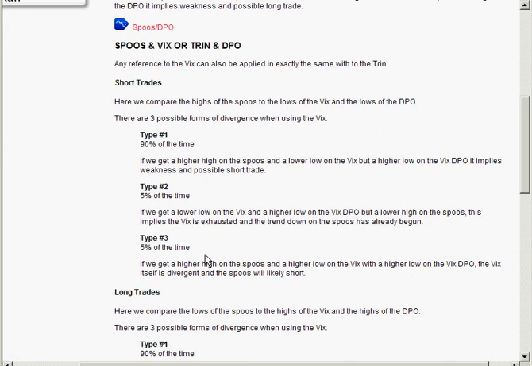The next type of divergence will be a type 2, where we get a lower low on the VIX and a higher low on the VIX DPO, but a lower high on the Spoos, where this implies the VIX is exhausted and the trend down on the Spoos, in fact, has already begun.